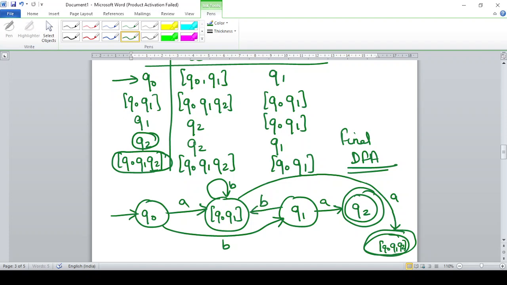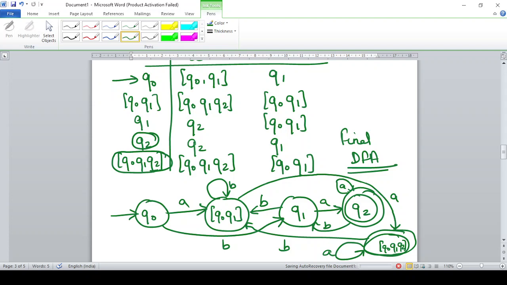Then Q2 A is how much? Q2, and B is how much? Q1. Q0 Q1 Q2 input A is the same state, and when you give B over here, you are going to what? You are going to Q0 Q1. The question became a bit complex. That is why you are getting a big diagram over here.